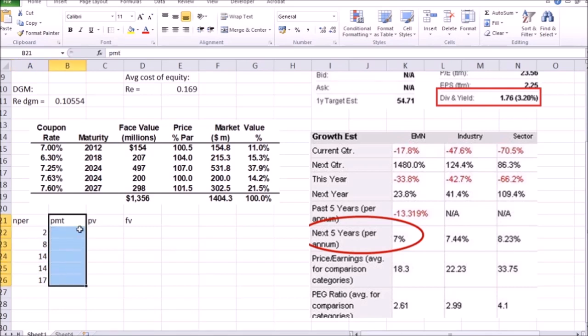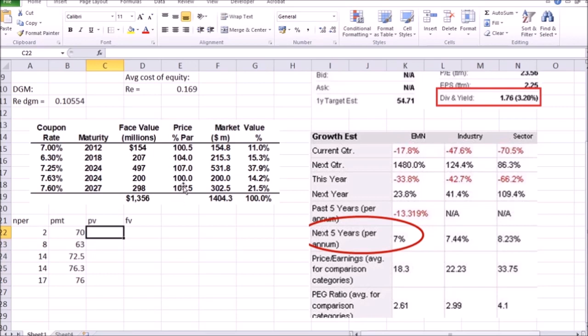In which case the coupon payments per period, which is in this example 1 year, is this coupon rate multiplied by the face value, which gives us $70, $63, $72.50, $76.3, and $76 for these 5 bonds. The present value reflects the price.